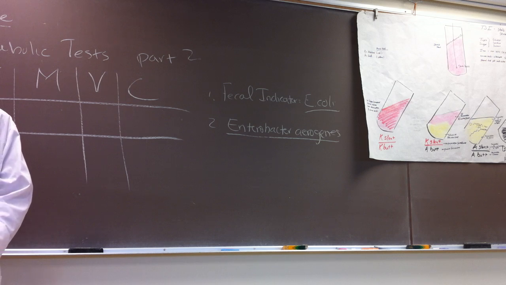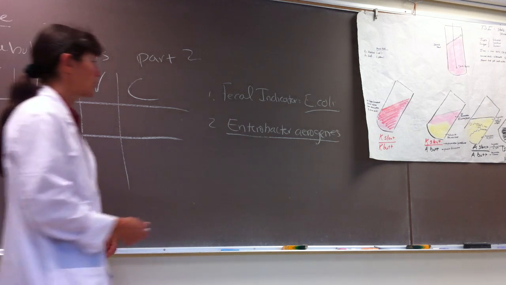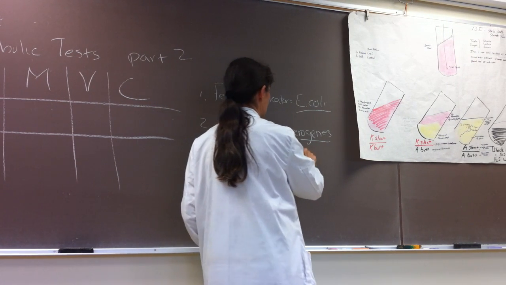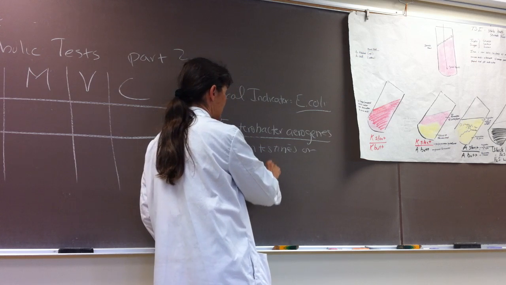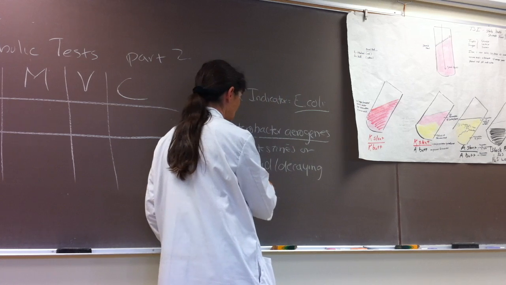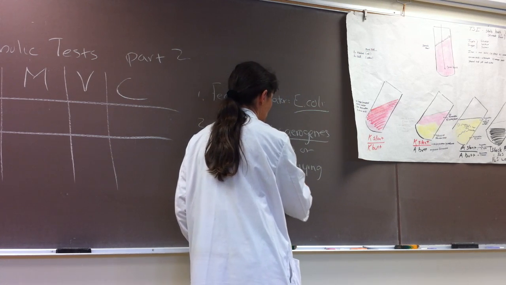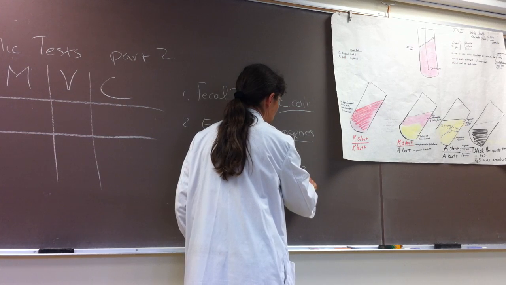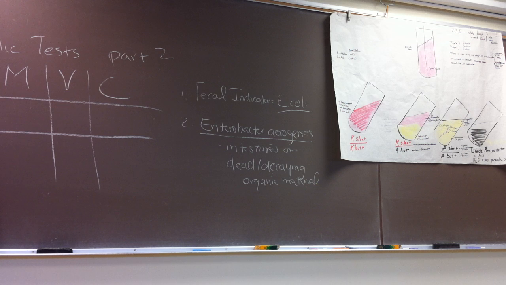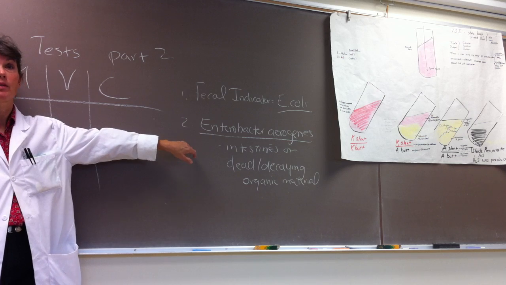It too may be found in the intestinal tract, but it also can grow well in the environment. It can grow in dead, decaying organic material like plant material. So if we find large numbers of Enterobacter aerogenes in drinking water or in food, and we don't see many E. coli, it might mean that it's just natural runoff from surrounding soil. And it doesn't necessarily mean that we have fecal contamination.